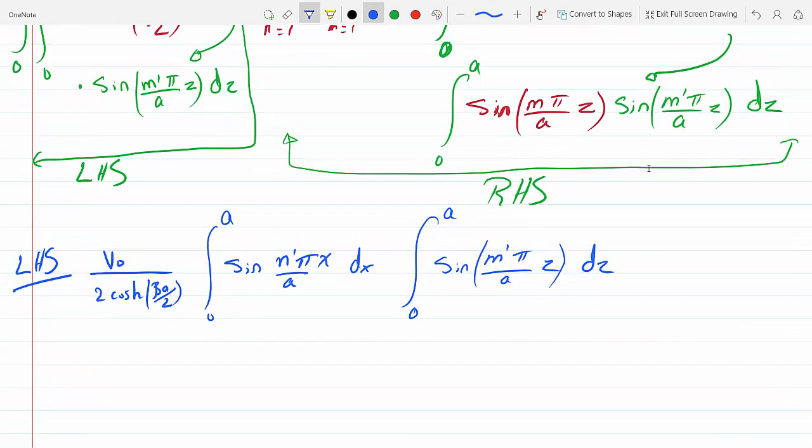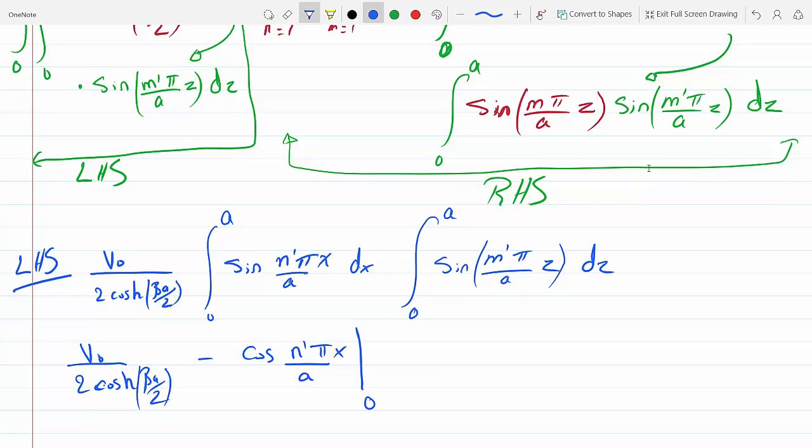Okay, and what do we get here? We get v0 over 2 cosine hyperbolic beta a over 2. What's the integral of sine? Negative cosine, so minus cosine n prime pi x over a, and then chain rule that, so divide by n prime pi over a, or multiply by a over n prime pi. This goes from 0 to a, and the chain rule factor is a constant, so I don't need to put it inside the evaluation bracket.